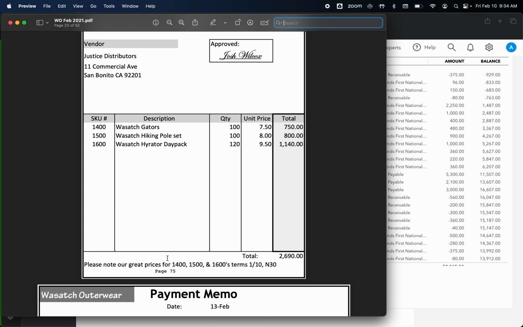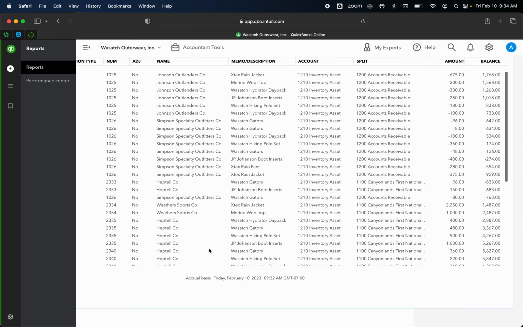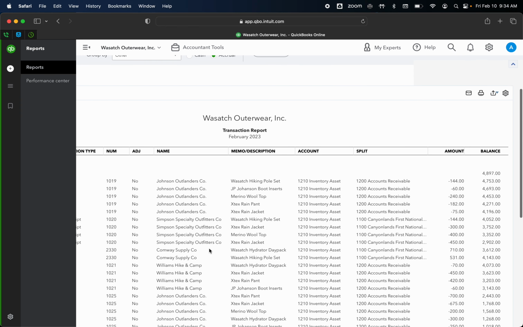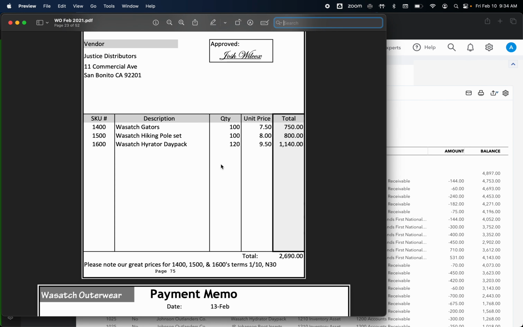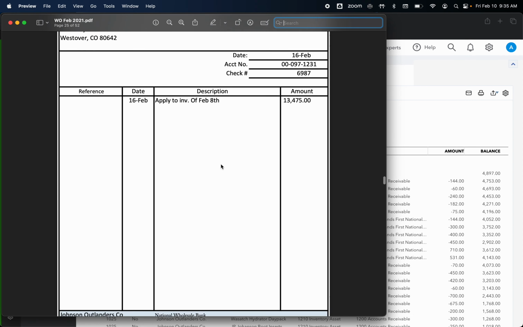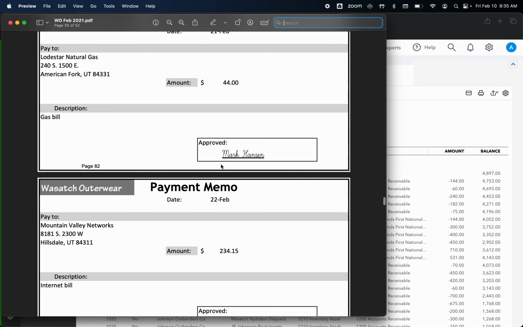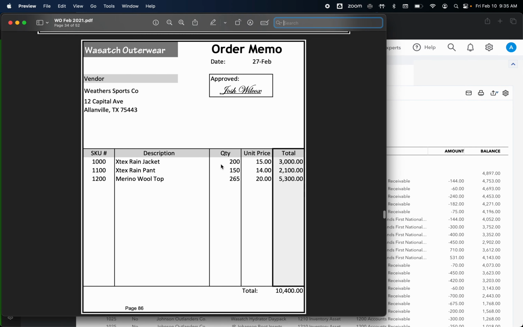These are great prices for 1400, 1500, 1600s. So where is this justice distributor? So that's one thing. Let's keep looking. I don't see the justice distributor.